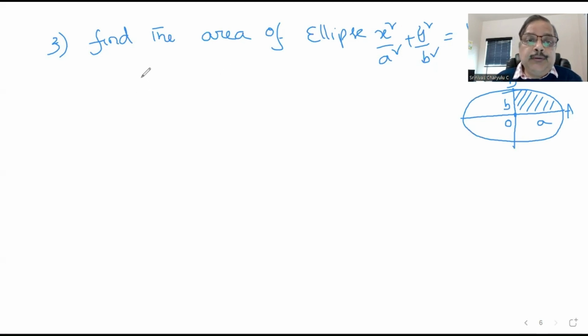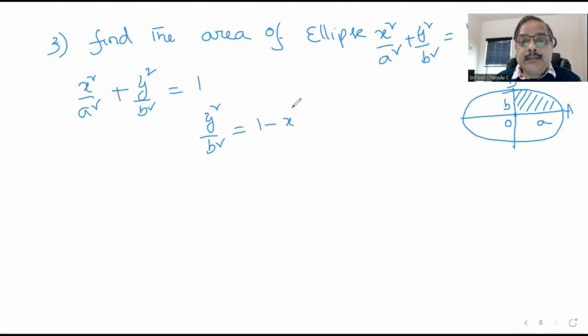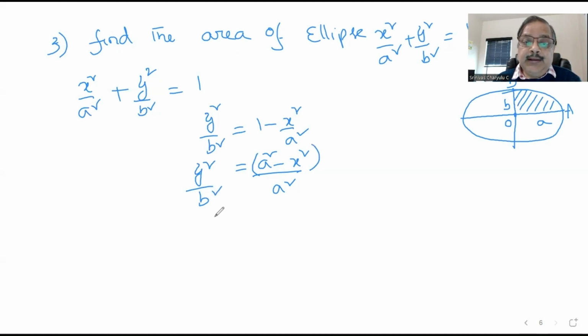So let us see how to do that. So x square by a square plus y square by b square is equal to 1. So y square by b square is equal to 1 minus x square by a square, or nothing but a square minus x square by a square. This is y square by b square. So you send this side.